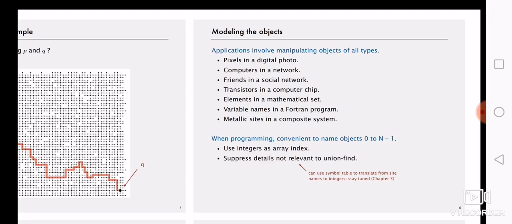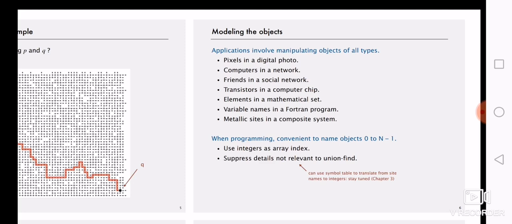When programming, it is convenient to name objects 0 to n-1. So if you have n computers, each computer will have an ID from 0 to n-1. Use integers as array indices. You know what an array is, just a collection of elements, and each element has an index.